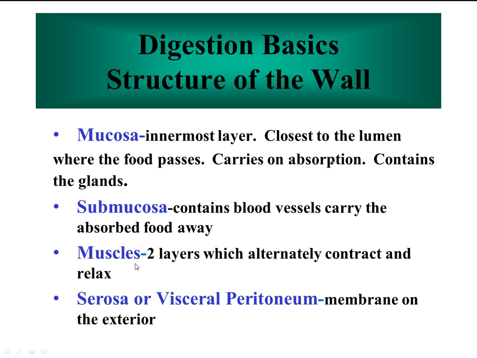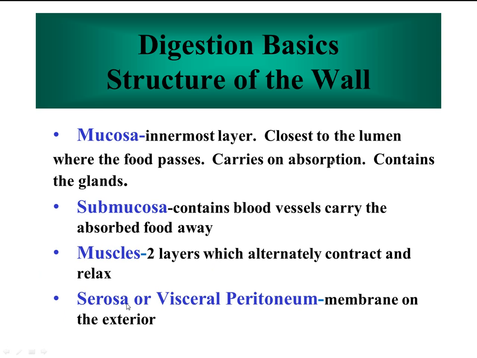The muscular layers are 2 layers that alternately contract and relax, and we'll look at that again in just a minute. They're smooth layers. They are controlled by the autonomic nervous system, so we don't have to think about digestion. It happens, regulated by the autonomic nervous system.